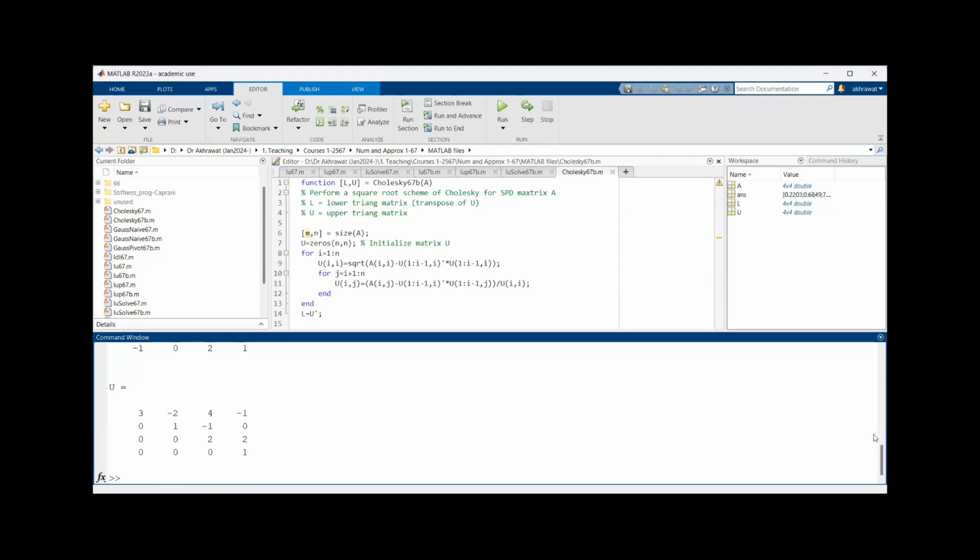So what do I get? L, now this is L. L and U. We can check whether L times U is our original matrix A or not.